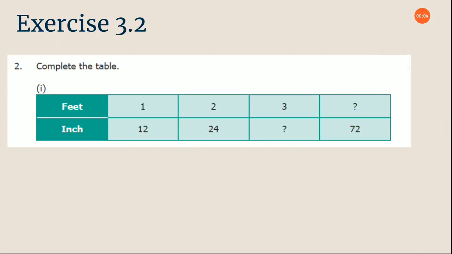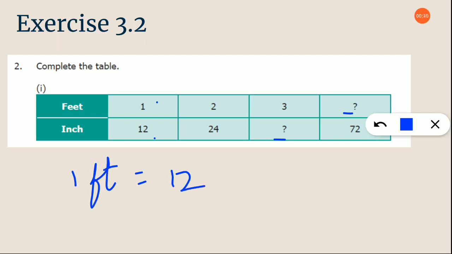Complete the table. A set of values is given in feet and another set is given in inches. And we are going to find these question marks. Okay. First, 1 foot is equal to 12 inches. And then 2 feet is equal to 24 inches.